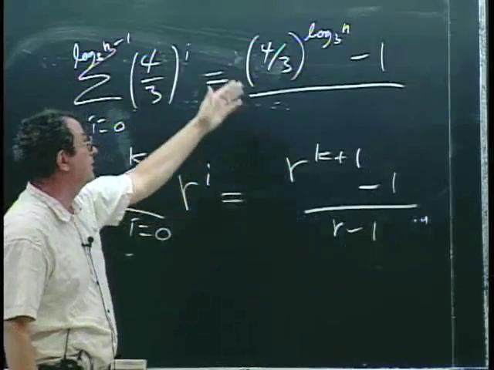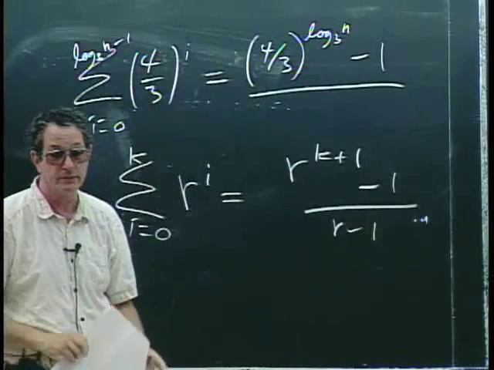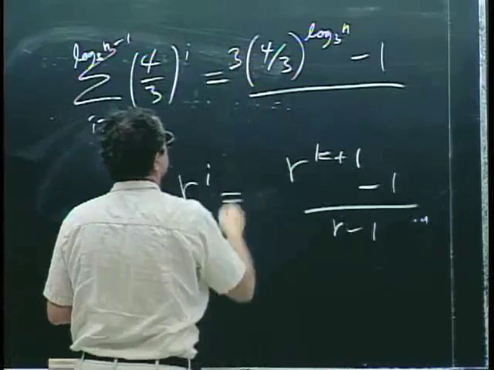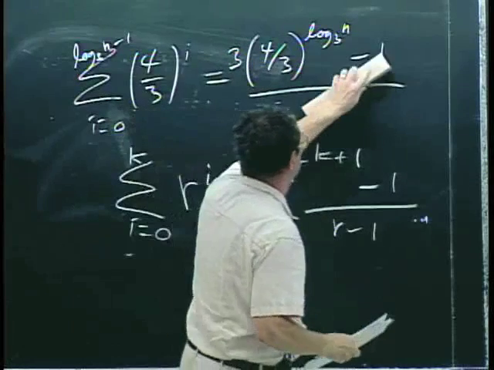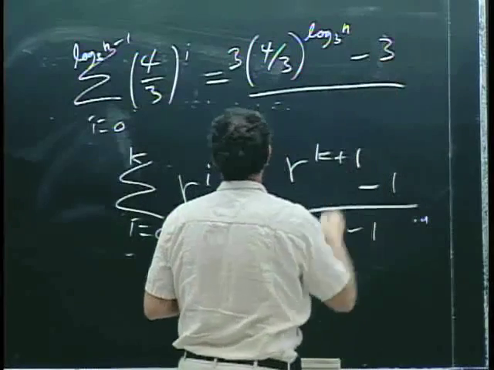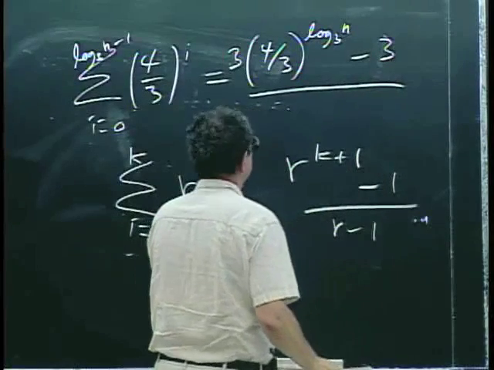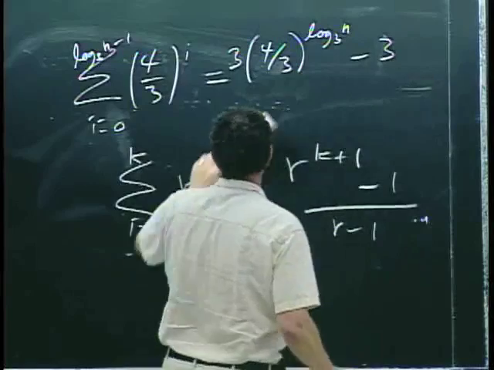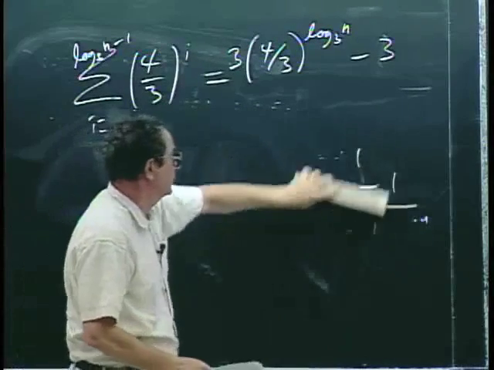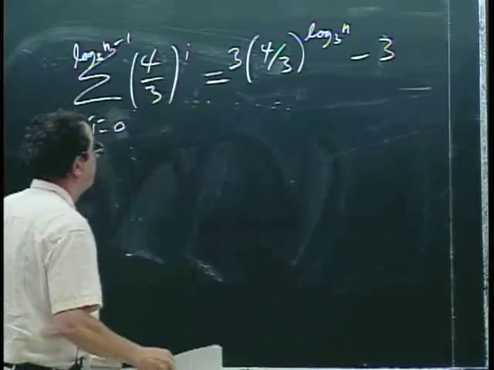So when you divide by 1/3, you're actually multiplying by 3, right? So that's 3 times that, but you were multiplying by 3 the whole thing, so that's that. Okay, so I'm going to erase this general form for the geometric sum.